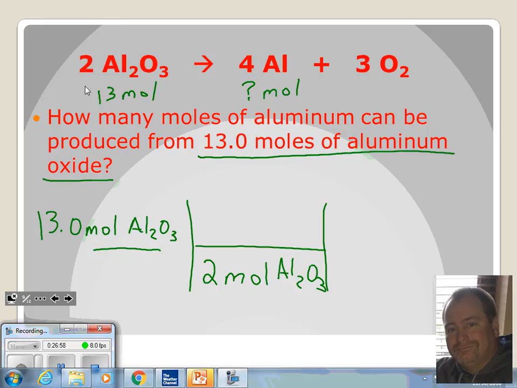How many moles of aluminum are in my balanced equation? 4. Now I go back and double check. Am I getting the cancellation that I want? Moles of aluminum oxide, moles of aluminum oxide. So what's my final answer going to be labeled? Moles of aluminum.